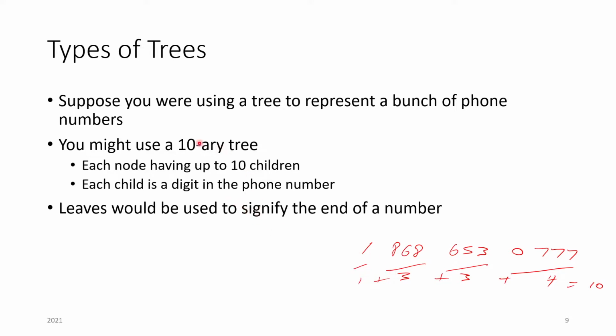So we may end up using a ternary tree, where each one of these numbers can be represented as nodes in our tree. Each child node would be a digit of this phone number. The end of the number would be the last digit, and this would be a leaf node, signifying the end as a result.